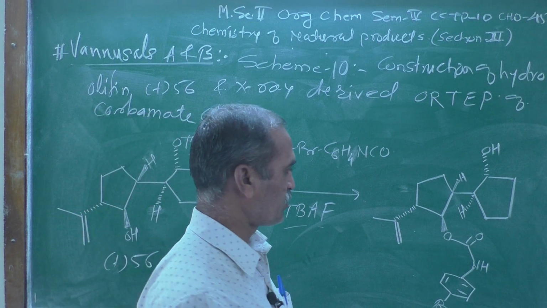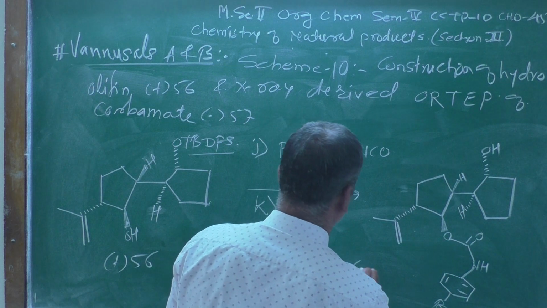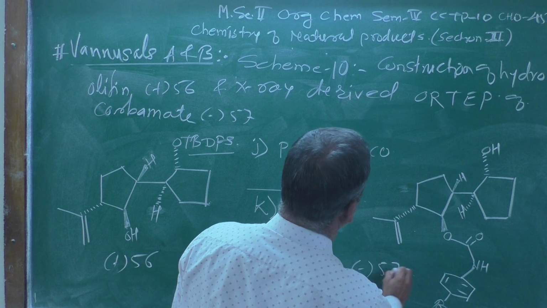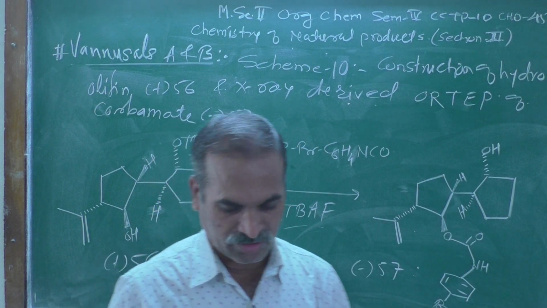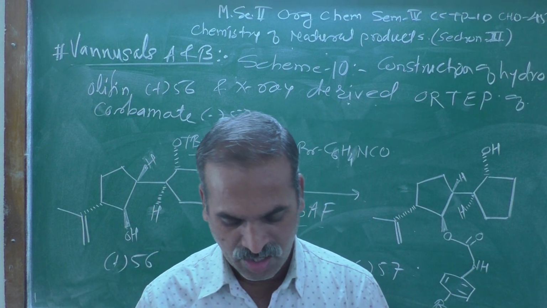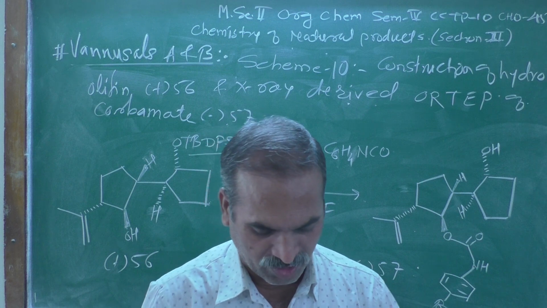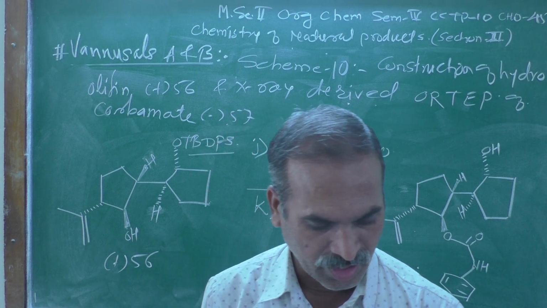So, this structure is nothing but structure minus 57, where the carbamate ORTEP structure is also represented in this article very nicely.